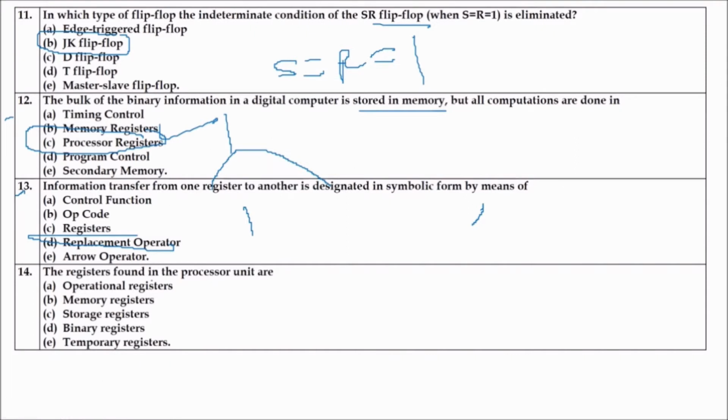Next is, the registers found in the processor unit, what are these called? The answer is operational register. Let me change. Because there are two things: registers which are found in the processor are called the operational registers, and those which are found in memory are called memory registers. So we'll go with the A one. A is the answer.